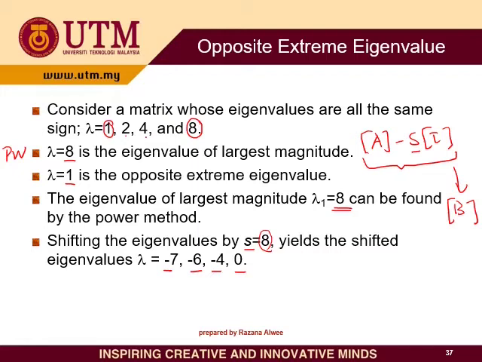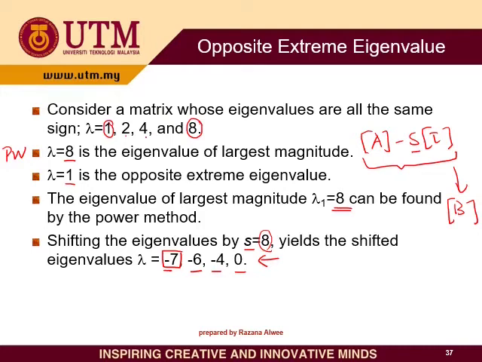Right. So if you look here, which one is the largest magnitude after we minus 8? As I mentioned before, magnitude is not about the sign, it's about the numbers. So 7 here is the biggest magnitude, right?